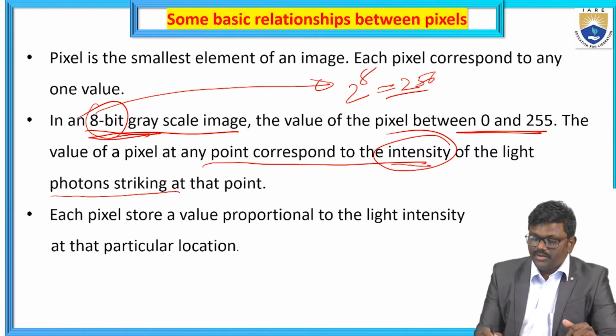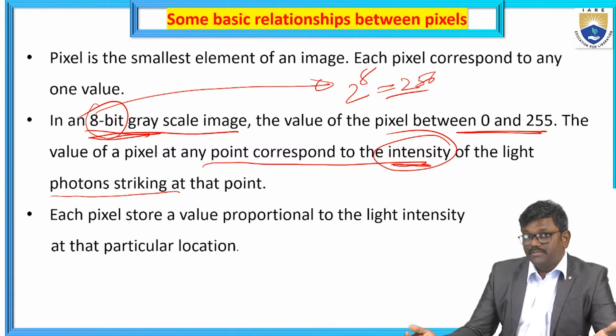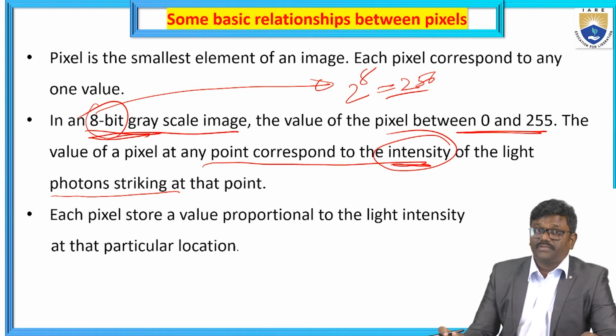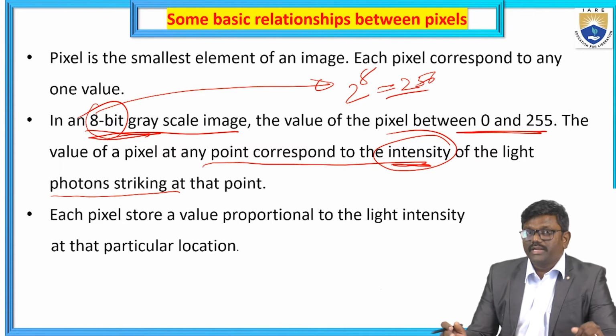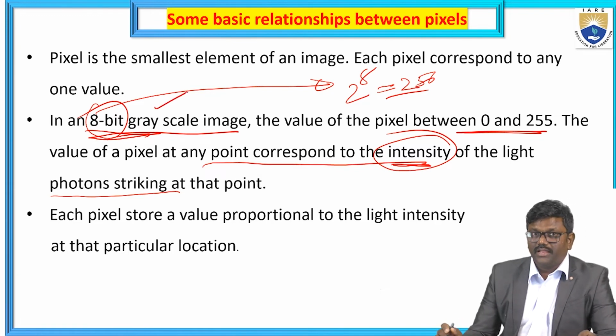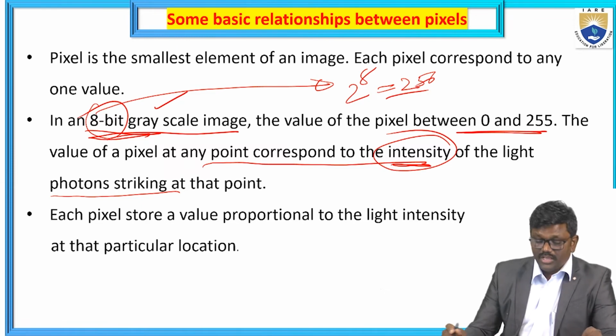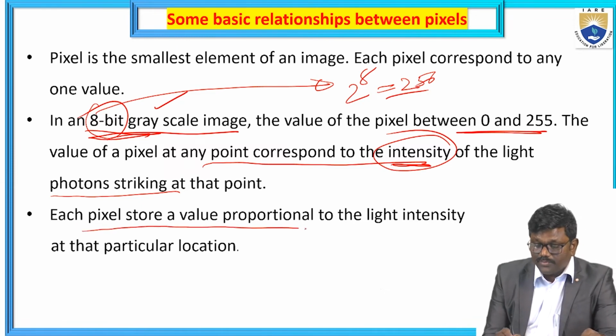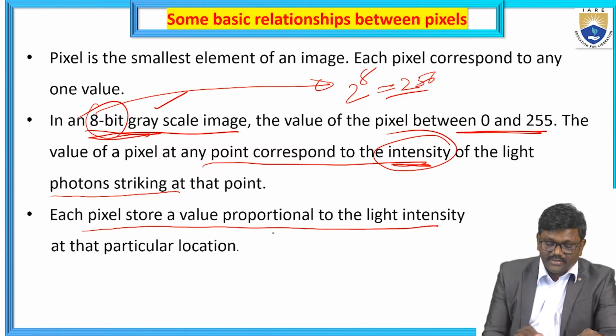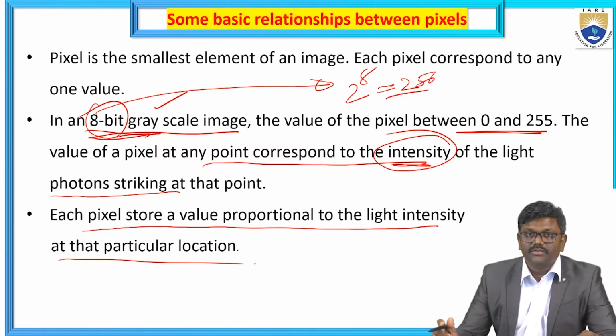As the intensity of an image varies, the pixel relations also vary, in terms of adjacency or diagonal lines of a pixel. What we want to understand from this slide is that in a grayscale image, each pixel stores a value proportional to the light intensity at that particular location.